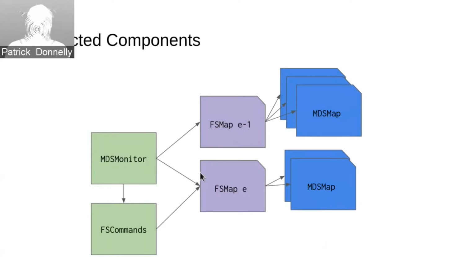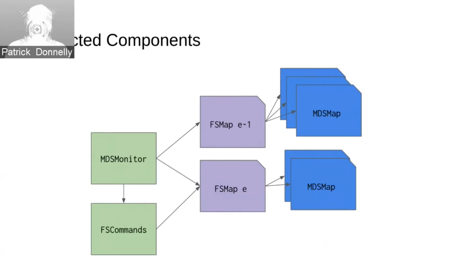So it's immutable. And then FS map E, which is the next FS map that the MDS monitor may be making changes to. Here I removed one of the MDS maps just to indicate maybe a file system got deleted, and that would be the delta between the two.